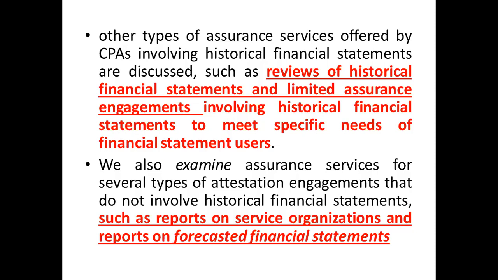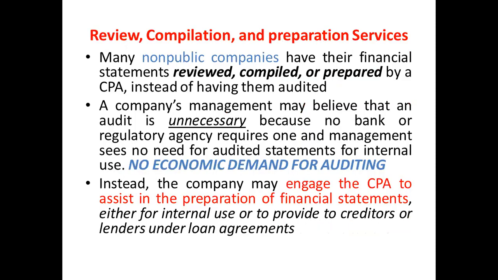Okay. So, according to our syllabus, I will focus on two types of services provided by the external auditor: review of historical financial statements services, and examination of forecasted financial statements provided by the management. Also, I will talk about review, compilation and preparation services.